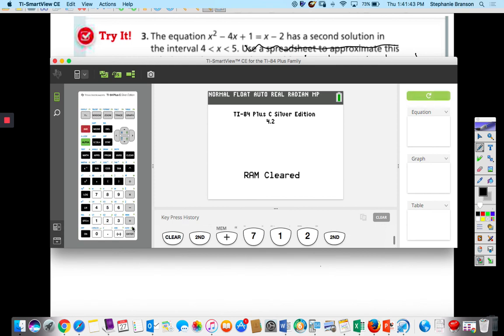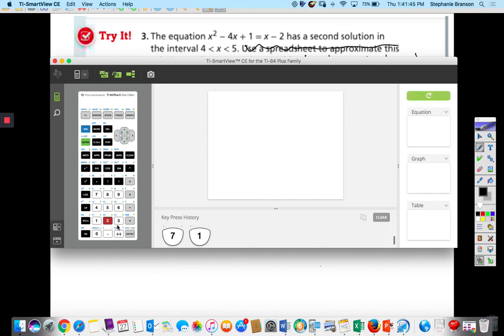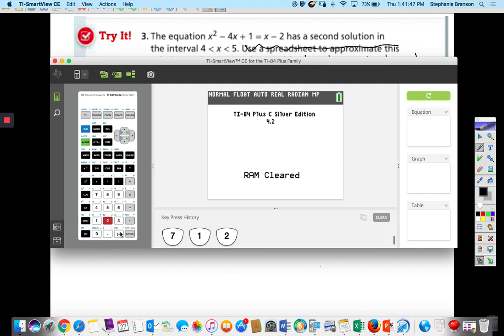I want everybody to hit second plus 712 to make sure it's cleared out. And then hit the mode button.